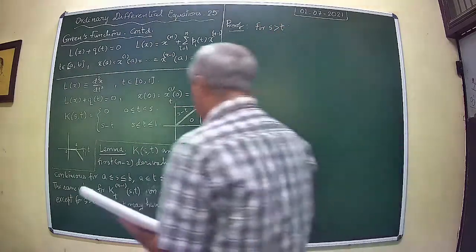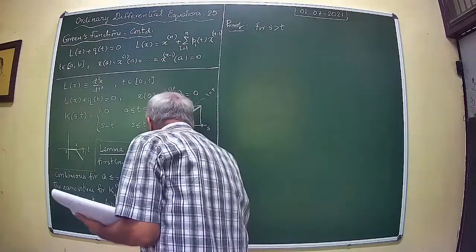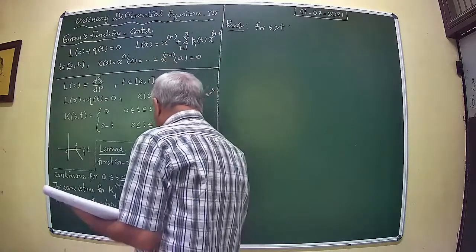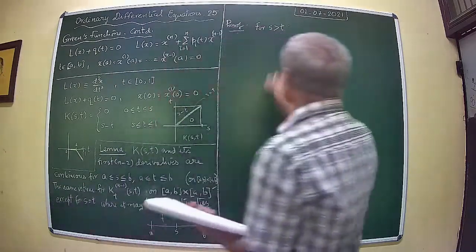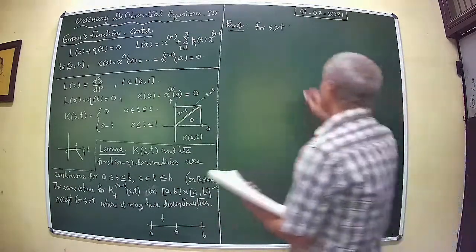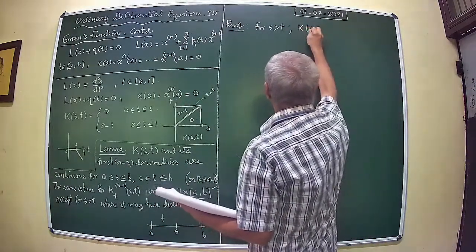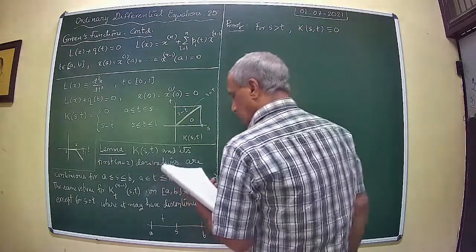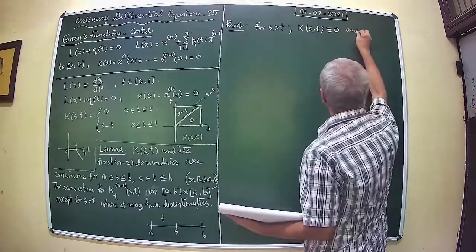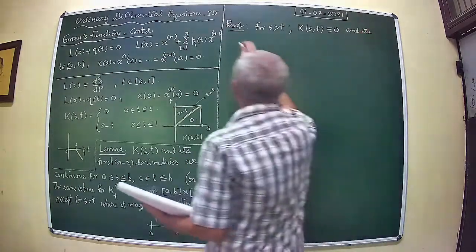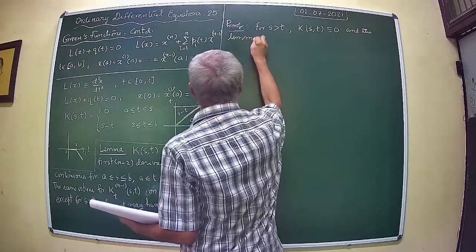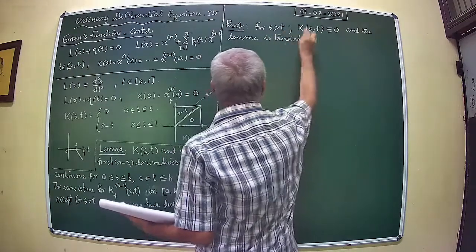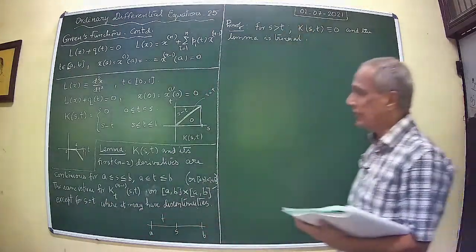For s greater than t, when t varies between a and s, the function is identically equal to 0, and the lemma is trivial.